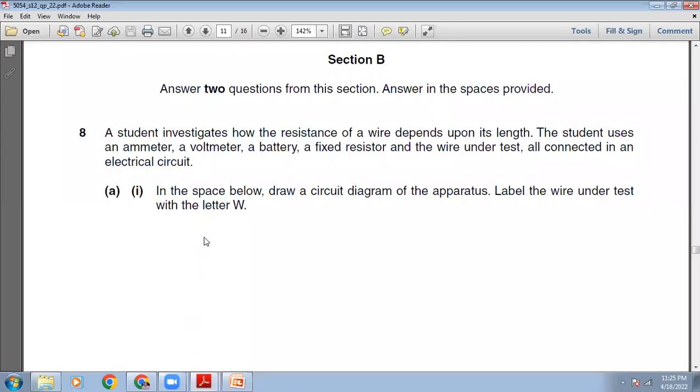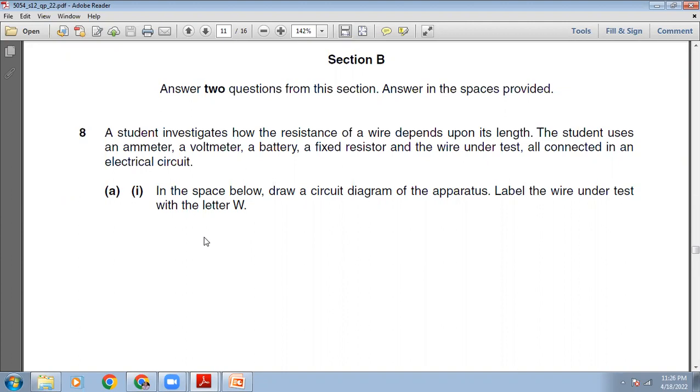It says section B, May June 2012, 2-2 paper. A student investigates how the resistance of a wire depends upon its length. The student uses an ammeter, a voltmeter, a battery, a fixed resistor, and the wire under test, all connected in an electric circuit.